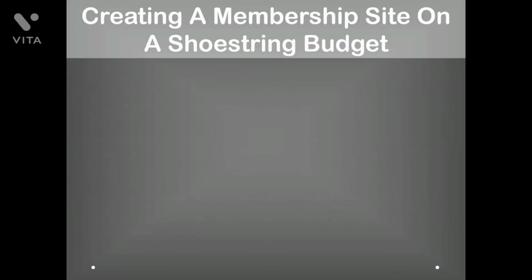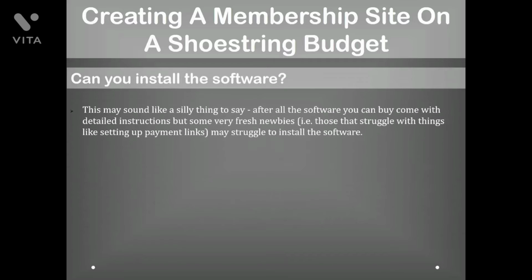So now that funding is no longer an obstacle, let's look at some other potential stumbling blocks that you will need to consider before diving in headfirst into your first membership site project. Can you install the software? This may sound like a silly thing to say. After all, the software you can buy comes with detailed instructions, but some very fresh newbies, i.e. those that struggle with things like setting up payment links, may struggle to install the software.